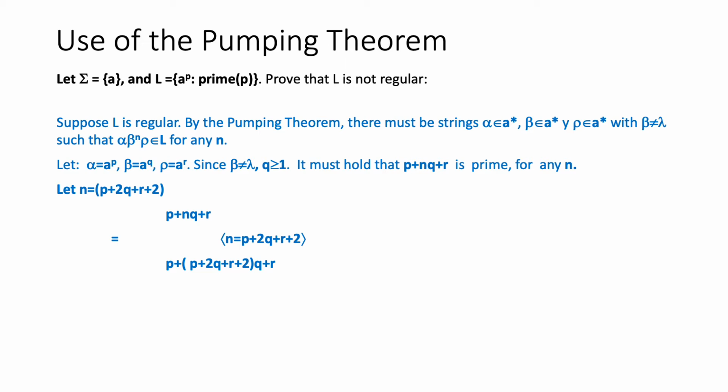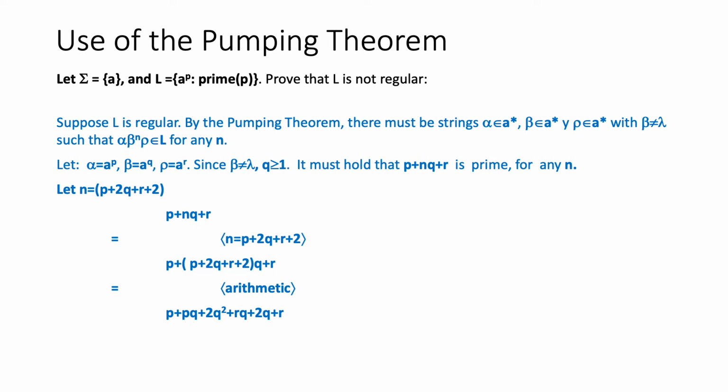Let's replace p plus 2q plus r plus 2 for n. I just replace it. Now I distribute q over that sum there, I do the math, and then it's p plus pq plus 2q squared plus rq plus 2q plus r.